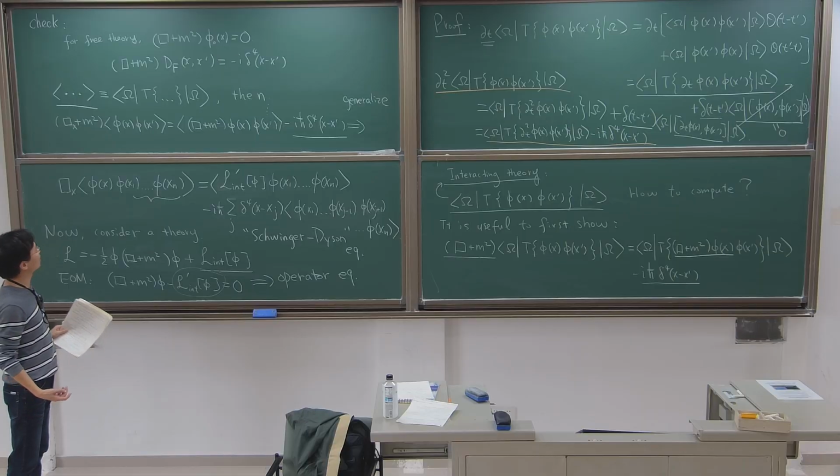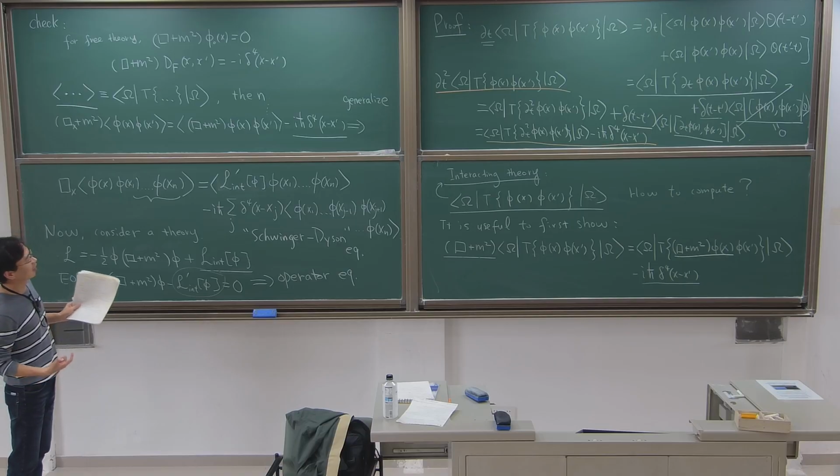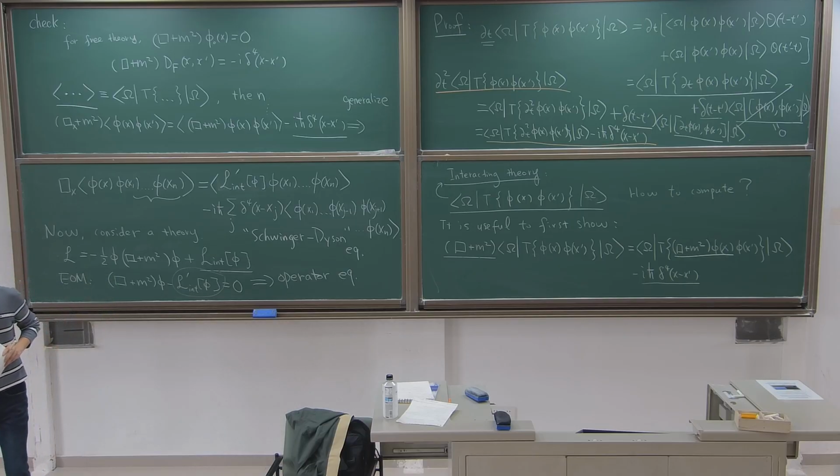We didn't use anything. We just used the quantization condition and the equation of motion. But both the quantization condition and the equation of motion are exact. We didn't even propose to expand anything. Up to now, all the equations are exact.